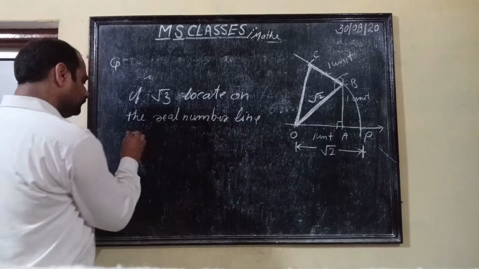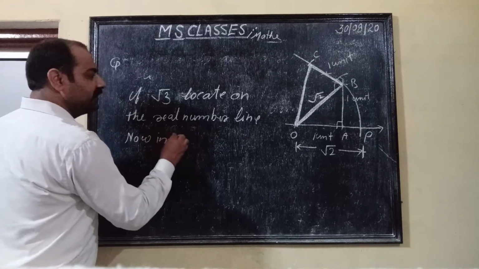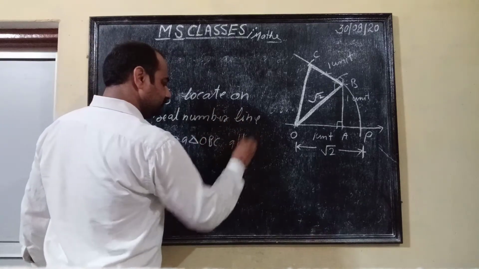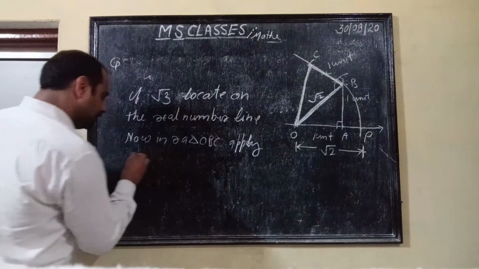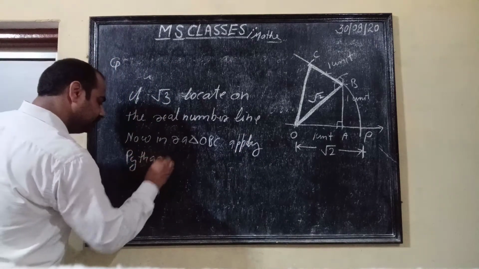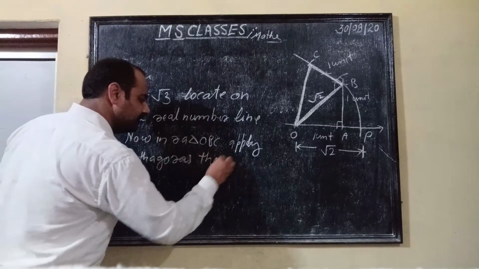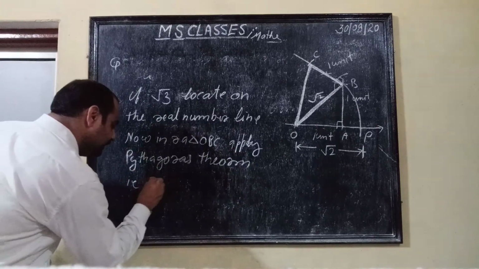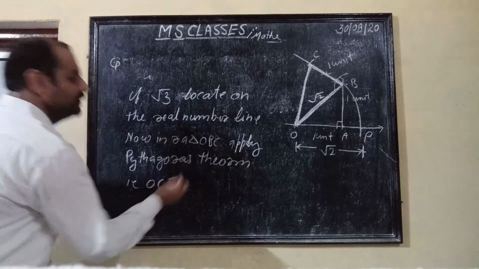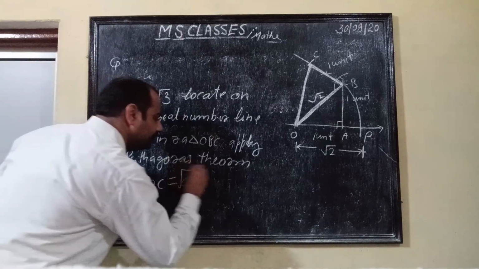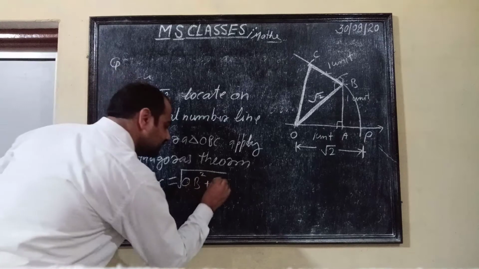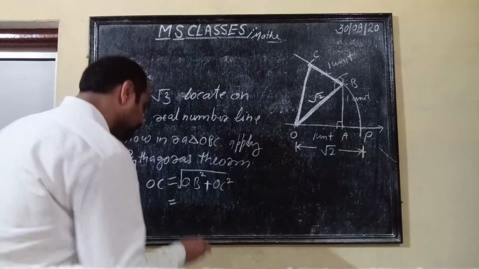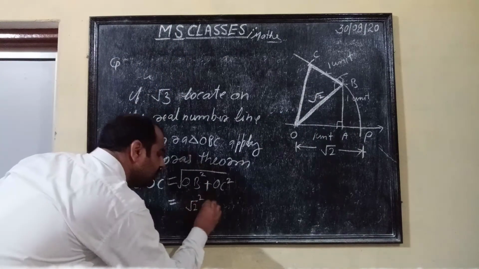Now in the right angle triangle OBC, apply the Pythagoras theorem. That is, OC is equal to the square root of OB square plus BC square, and you know OB is equal to under root 2, so this is under root 2 square.